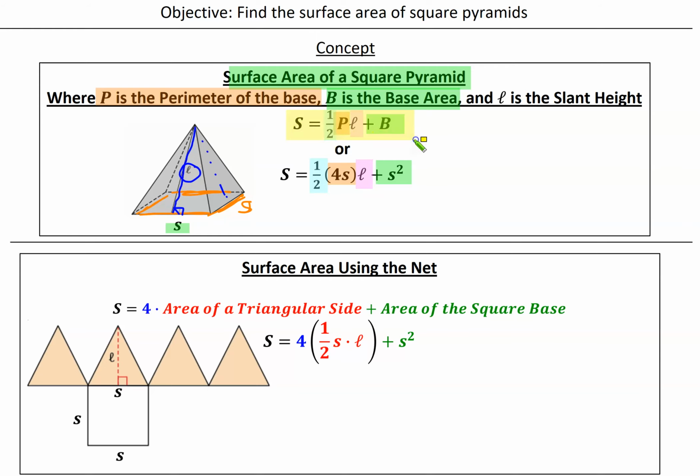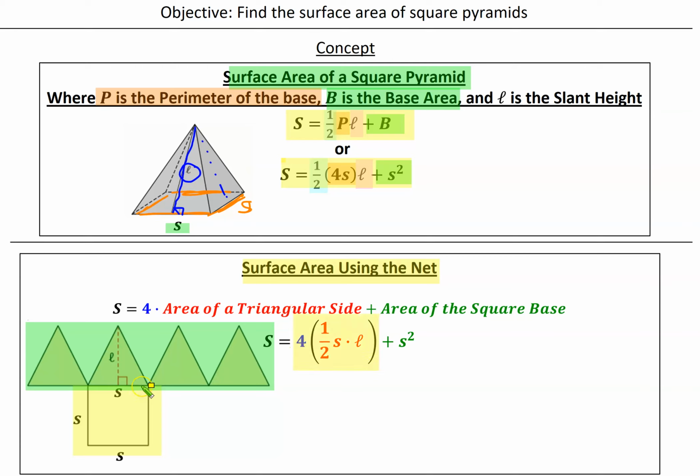So we have this formula, which becomes this more specifically, where P is 4S and base area is side squared of the square base. You can also look at it as a net. The net would be 1 square, which is our base, and 4 congruent triangles. So you could just look at it too as calculating the area of the 4 triangles.